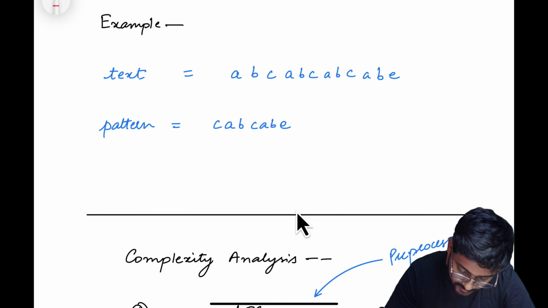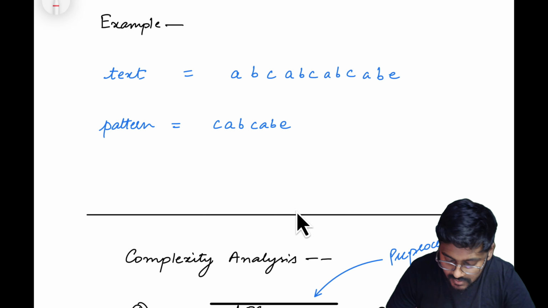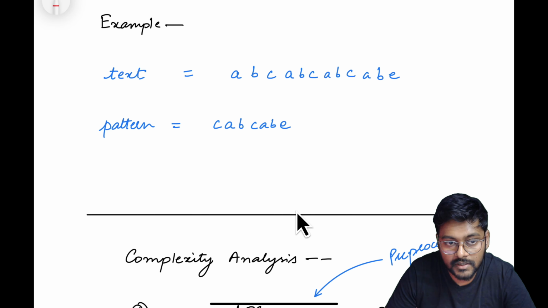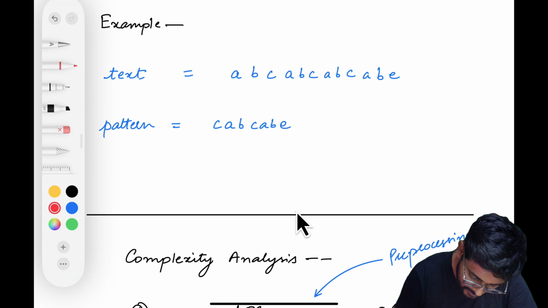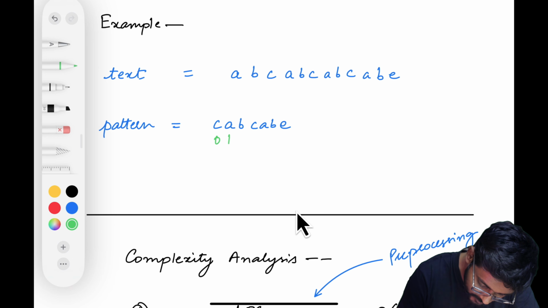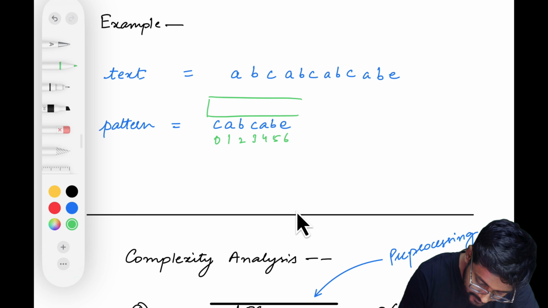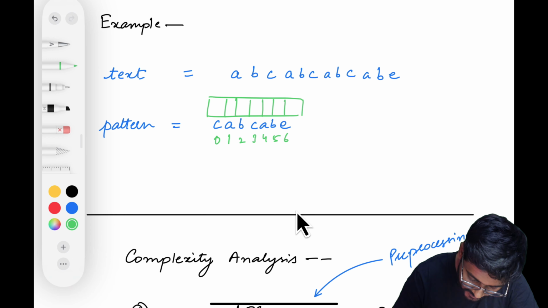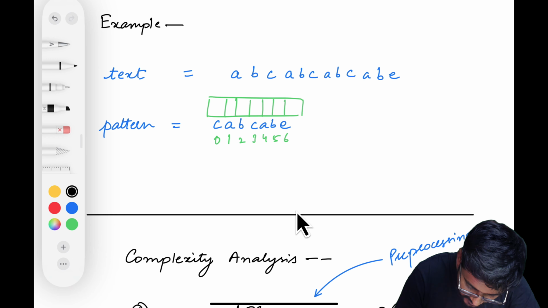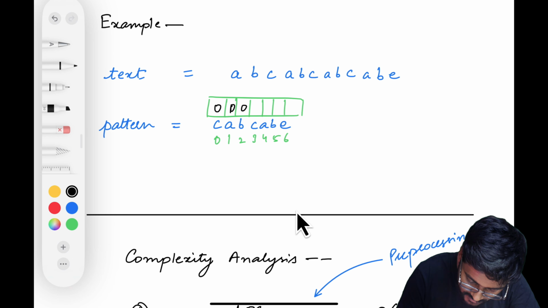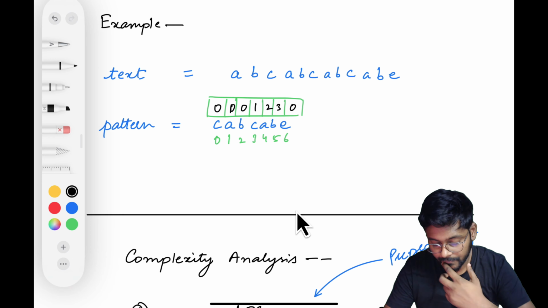Now let's come to the example. First step is preparing the prefix array. Let me mark the indices 0, 1, 2, 3, 4, 5, 6. If I just get the prefix array, what is that? Prefix array should be 0, and for CA it is 1, CAB it is 0, and this C is matching with this C, so 1, 2, 3 and then 0.